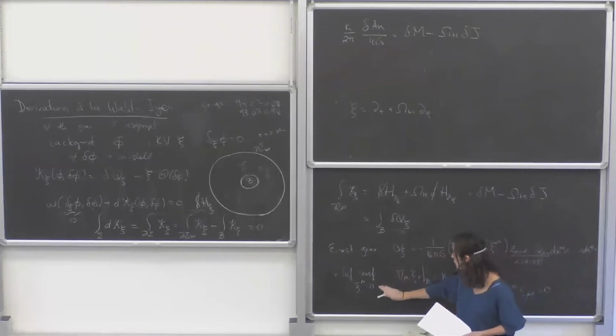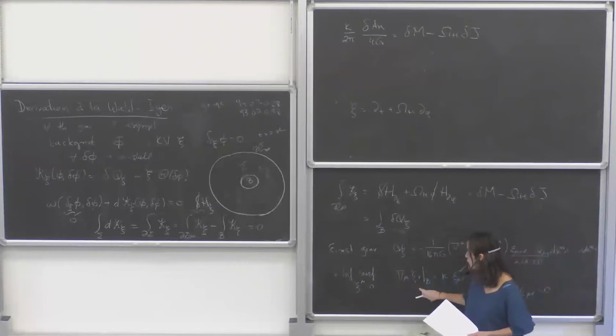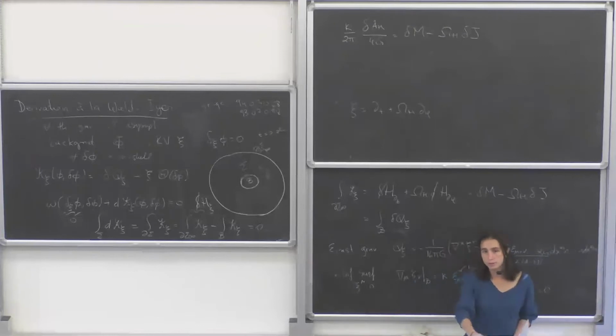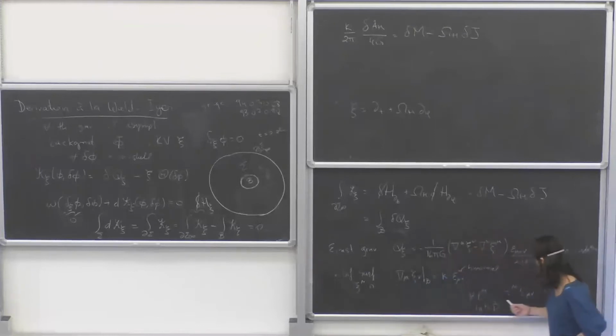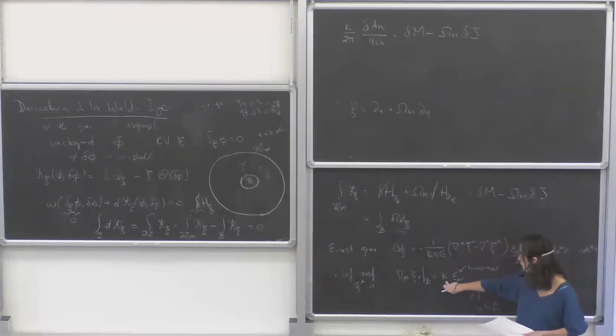It's 0 because xi mu is 0 on all of the bifurcation surface. So if you take its tangential derivative to the surface, you still get 0. Okay. So since both of these quantities dotted into t mu are 0 for any t mu, then they must be proportional to each other. And then you do some song and dance and convince yourself that the proportionality constant is this k.